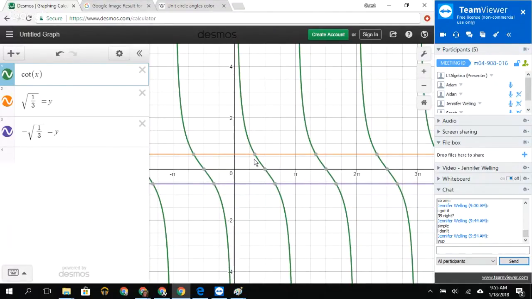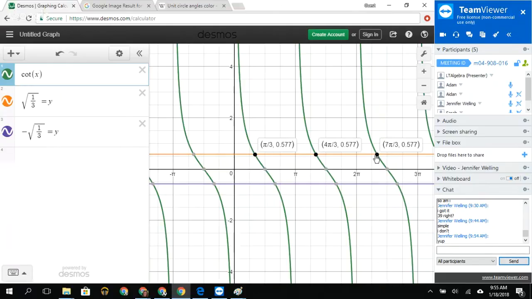equation, right? It keeps going on forever and ever. So when I look at this first solution, pi over 3, and then the next one is 4 pi over 3, and then we have 7 pi over 3, you'll notice that from here to here, we're going up by an interval of 2 pi.